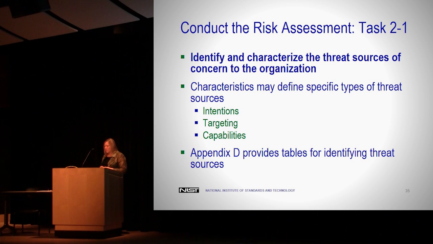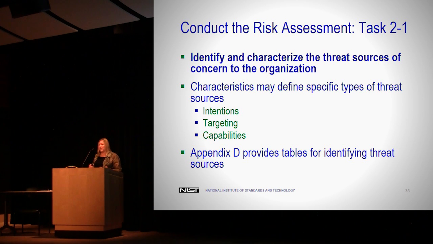And we have some characteristics that might define the types of threats. So their intentions, targeting, and capabilities. And if you're in law enforcement, you might have heard of MOM, the motive, opportunity, and means. It's kind of similar to that. So what is their intention? What is their motive? What are they targeting? And do they have the means?